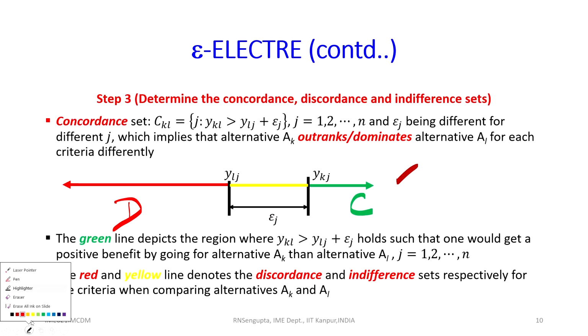And the indifference part, where you cannot say whether it dominates, you cannot say whether it outranks, you cannot say it is negative, it is basically the I set. So, it is yellow, even though yellow is not visible, but in the line scale you can find out C on the right, D on the left, and I is one portion in between.